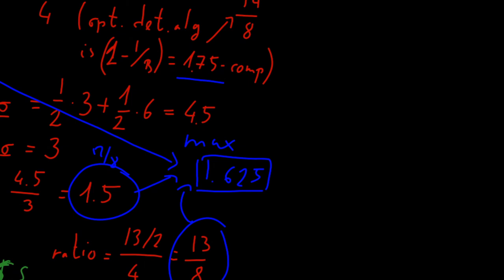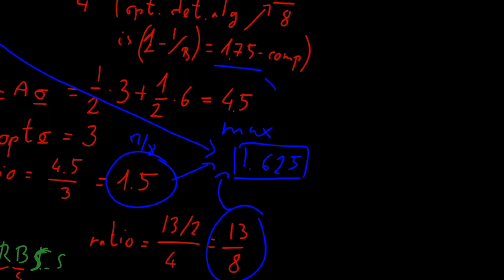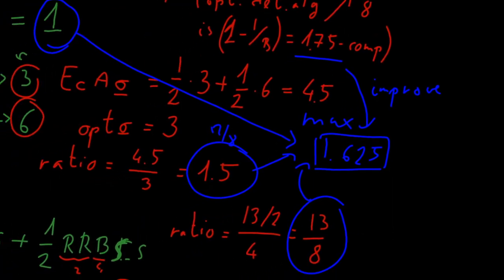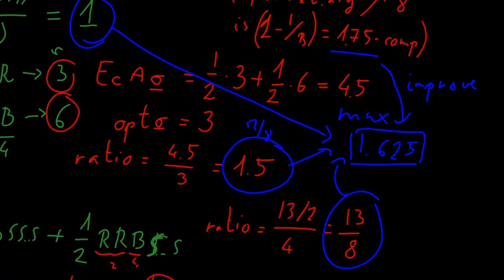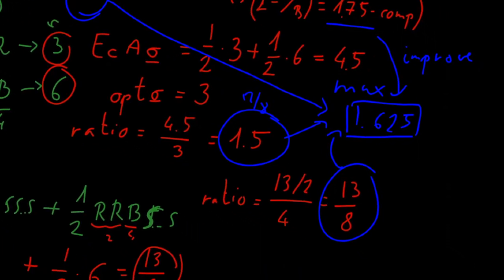Which means that by applying randomization, we are just able to improve the ratio, at least in expectations. So there are inputs for which the algorithm's expected value becomes worse, because for b equals 4 this would be still an optimal case.